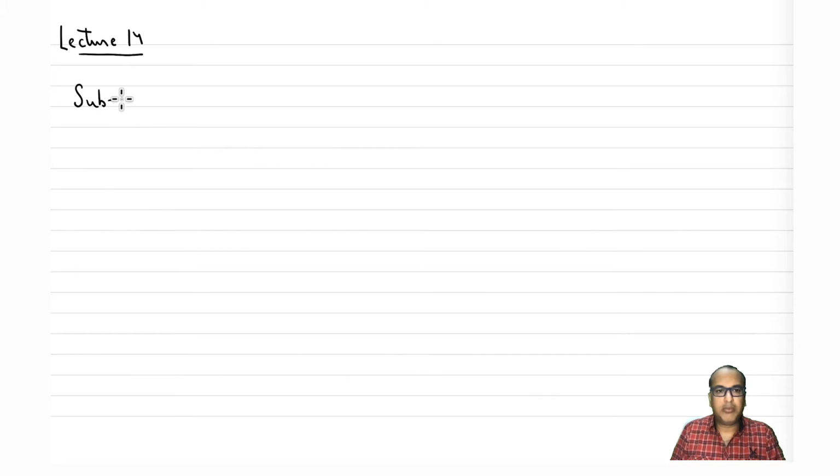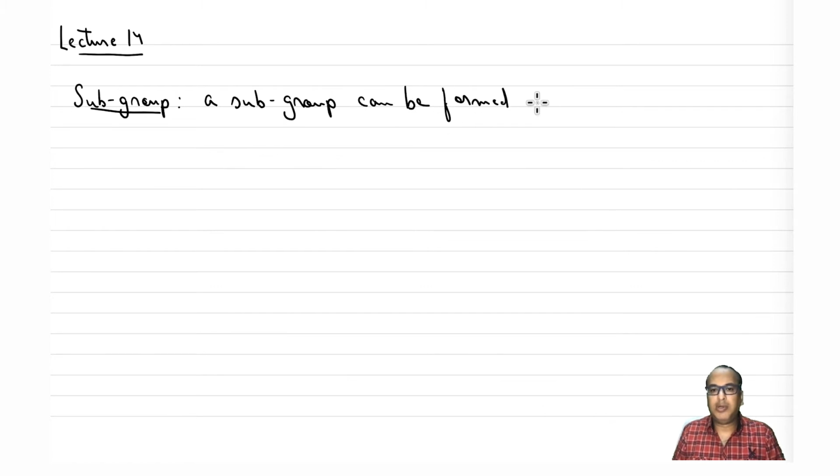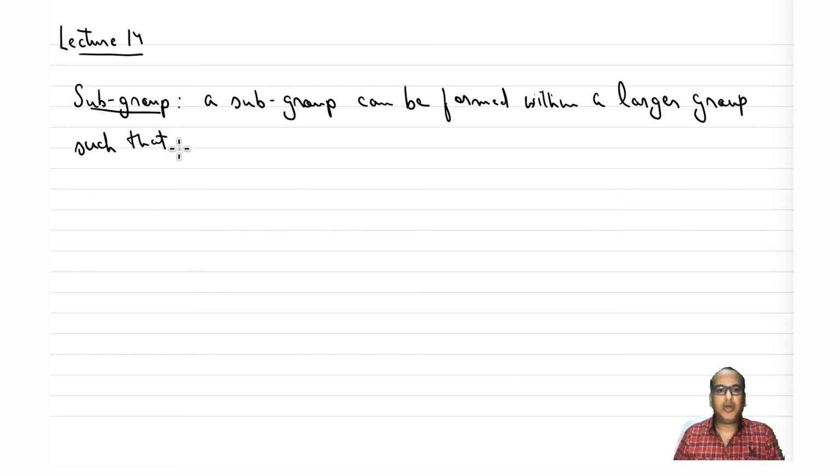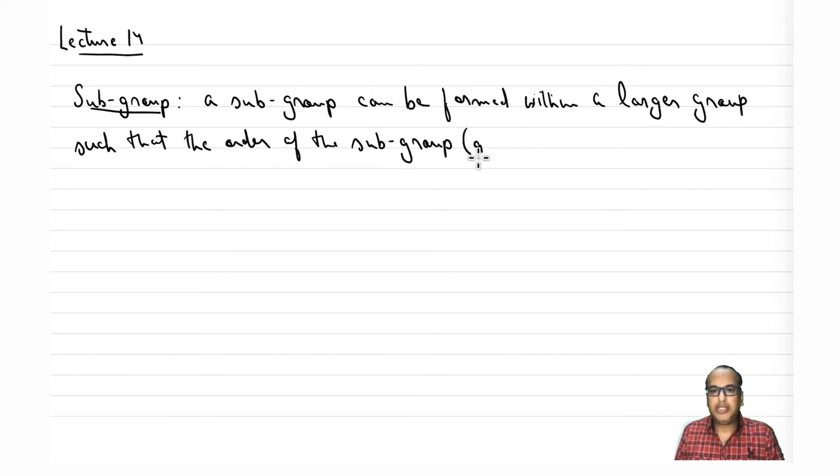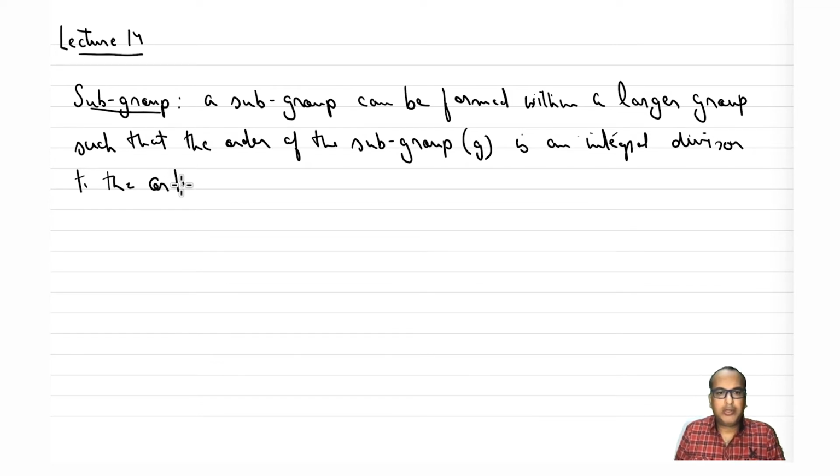So what is the definition of a subgroup? A subgroup can be formed within a larger group such that the order of the subgroup, let us call that order g, is an integral divisor of the order of the group, which is h.